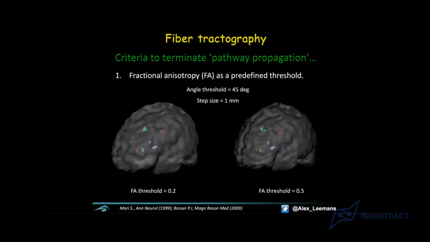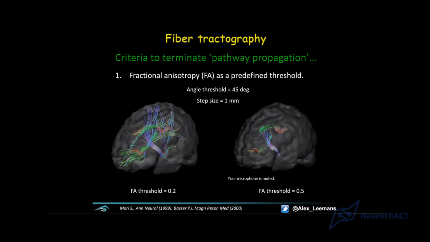So if I do tractography with different FA thresholds, the take-home message is, if I start tracking, and I'll do this now, you see on the left and on the right. On the left, my threshold was the same as before, 0.2. And on the right, my threshold is 0.5, meaning that if you choose a higher threshold, you'll obviously get shorter tracts or fewer tracts.